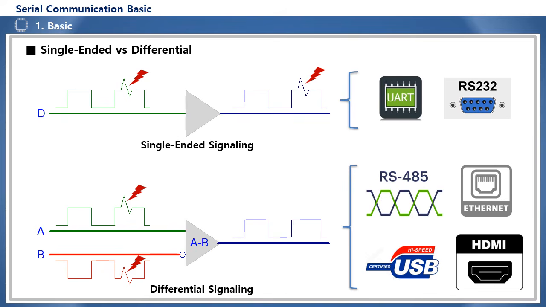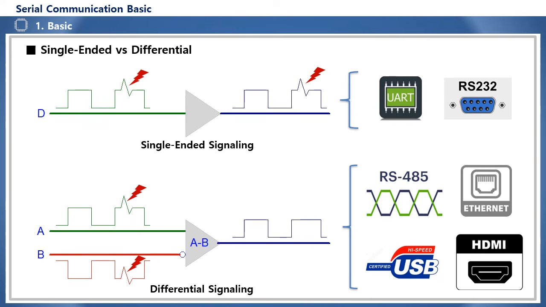Therefore, long-distance communication is not possible, and only communication within the PCB board or short-distance communication with a short cable is possible. UART and RS-232 communications fall into this category, and additional measures such as shielding the outside of the communication data line are required to reduce the influence of this noise.